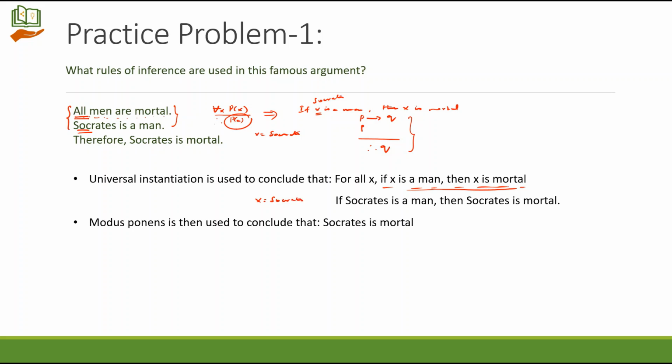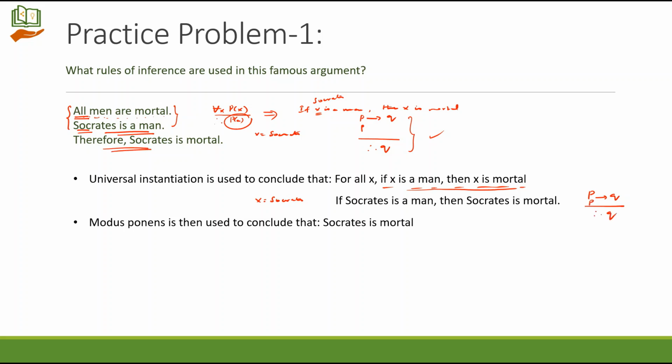Now just find what this format is called? Modus Ponens. Modus Ponens is used to conclude Socrates is mortal. So if Socrates is a man, then Socrates is mortal. Now we have Socrates is a man here, so this is P.